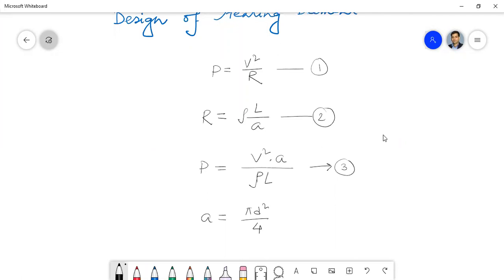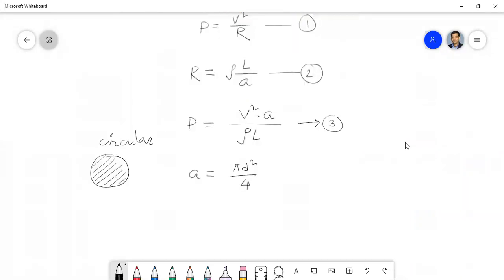Okay, so here we are assuming that the cross section of the heating element is circular. Now if it is rectangular, then we should have two dimensions, A and B. Now we can substitute in the expression of power, then we get V square into pi d square by 4 rho L. Is it okay?